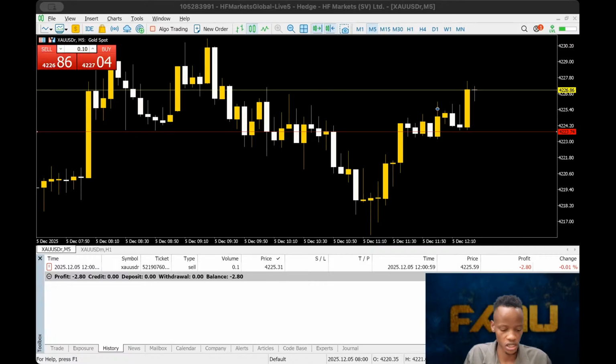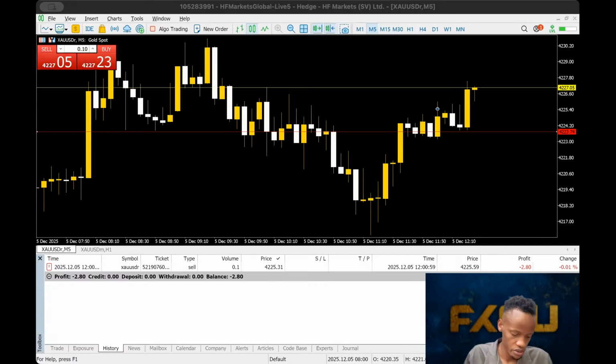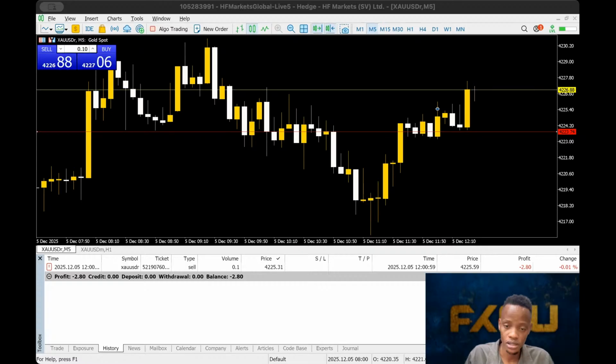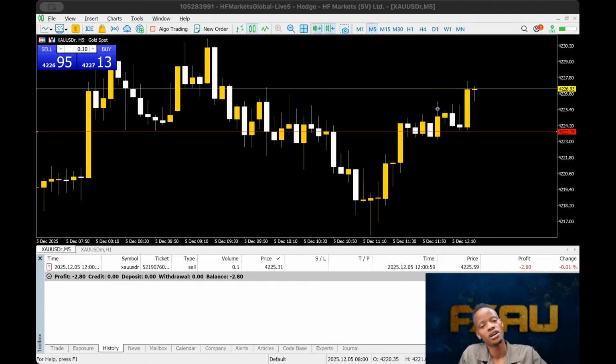Gold's still bullish. We are not going to sell gold because that move is scary. It has left us. So you can change from having a bearish bias to bullish, but I wouldn't risk buying from that zone.